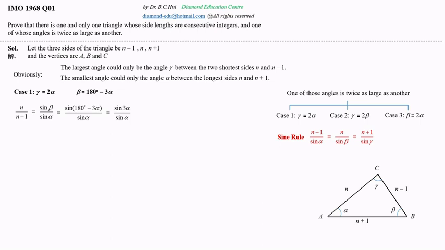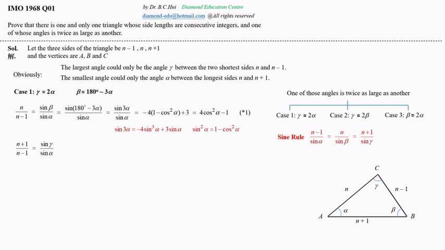So, sine of 180 degrees minus 3 alpha equals sine 3 alpha, where sine 3 alpha equals 3 sine alpha minus 4 times sine cube of alpha. And sine square alpha equals 1 minus cosine square alpha. So this could be further simplified as 4 cosine square alpha minus 1. We call this result equation number 1.